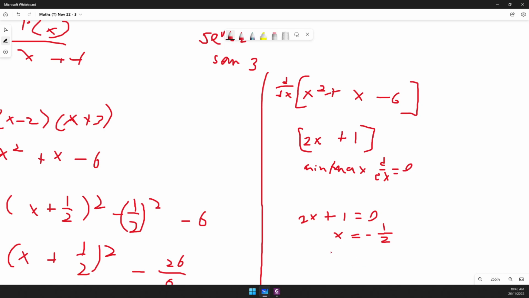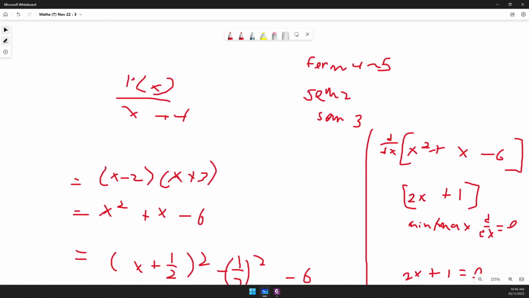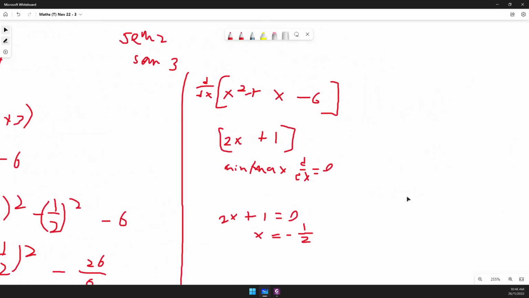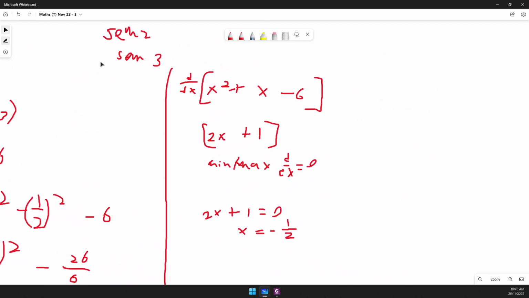So when you get negative 1 over 2, you can also put it into the equation now. Just put this in the equation. What will you get? This one, x is negative 1 over 2.